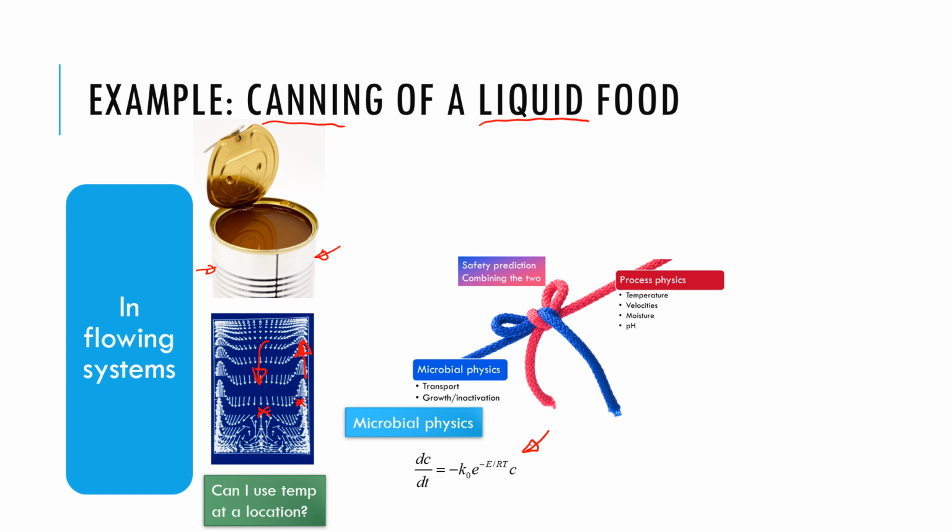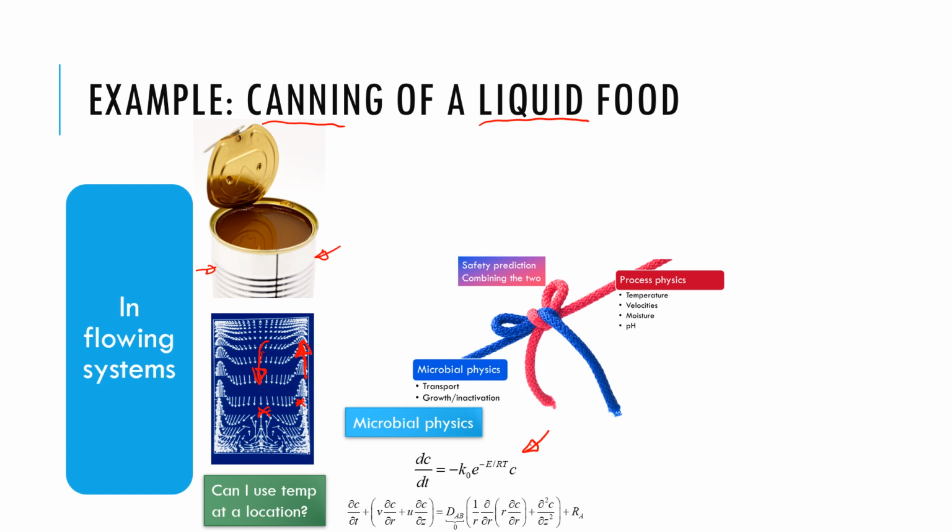It is the bacteria that we need to follow. And the bacteria is not staying at the same place. As the fluid is moving, the bacteria is moving with it. So we really need the temperature history of the bacterial particle. And that makes it complicated.